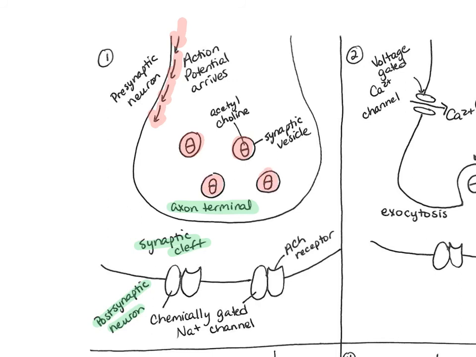The only neurotransmitter we've been talking about to this point is acetylcholine, or ACH. So when that nerve impulse reaches the synaptic terminal, it causes acetylcholine to be released into the synaptic cleft through what process? Exocytosis. Exocytosis releases ACH out into the cleft.